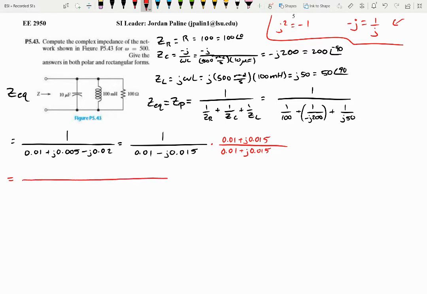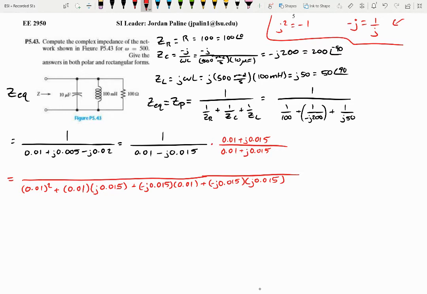I will get 0.01 squared plus 0.01 times j 0.015 plus negative j 0.015 times 0.01 plus negative j 0.015 times j 0.015.